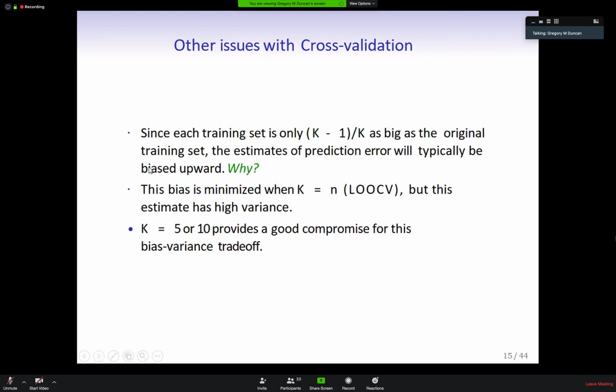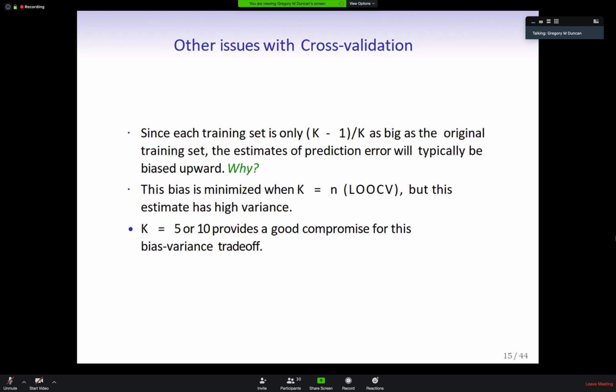Since each training set is only k minus 1 over k as big as the original training set, the estimates of the prediction error will tend to be biased upwards. We talked about this. This bias is minimized when k equals n. That is, I drop one observation out. This is called leave-one-out cross-validation. So what I do is I take the first observation, I pull it out, I estimate my model with everything else, and then I use that to predict the first observation.